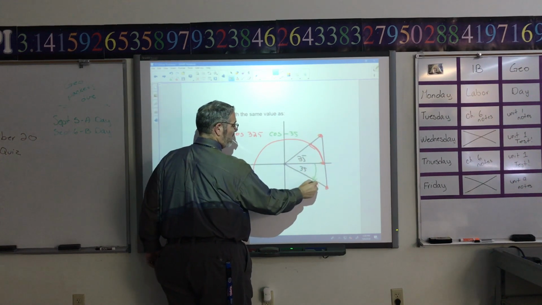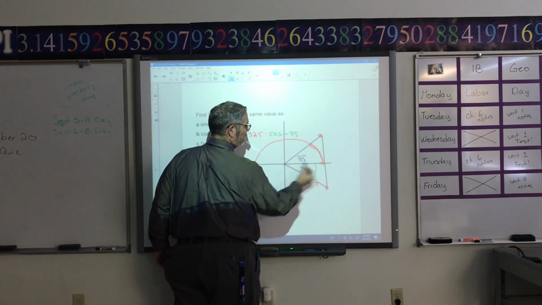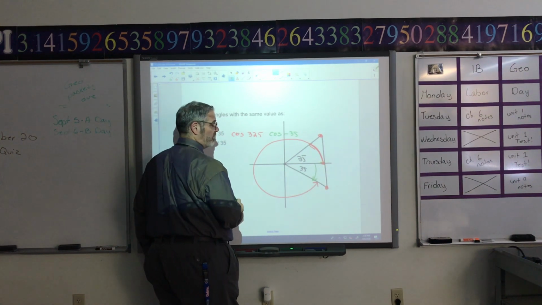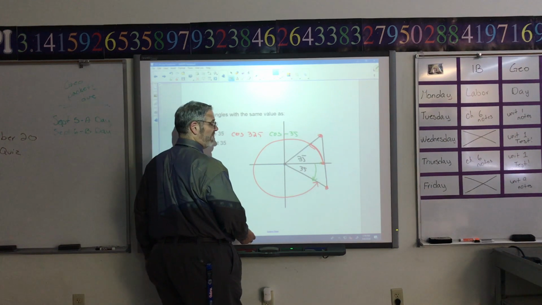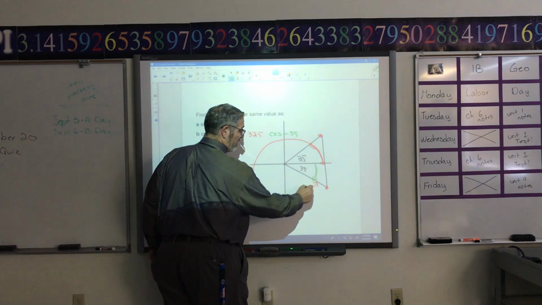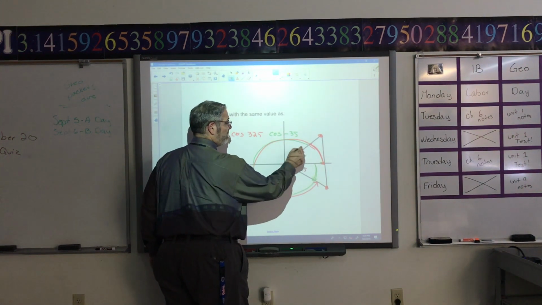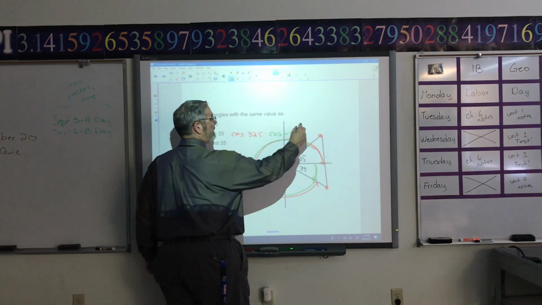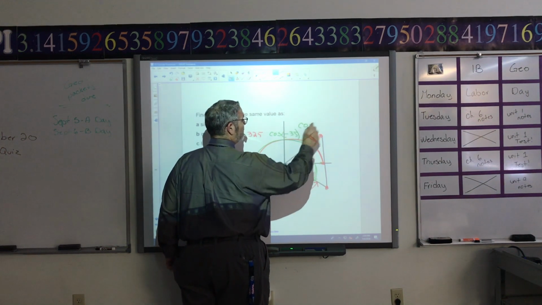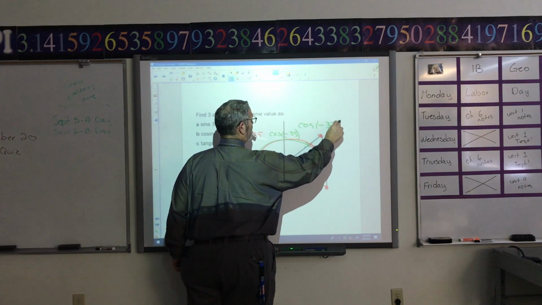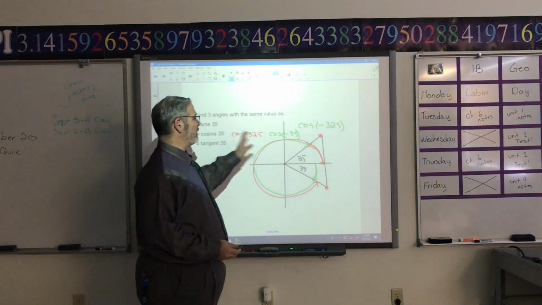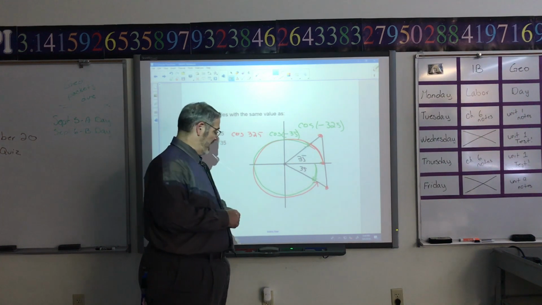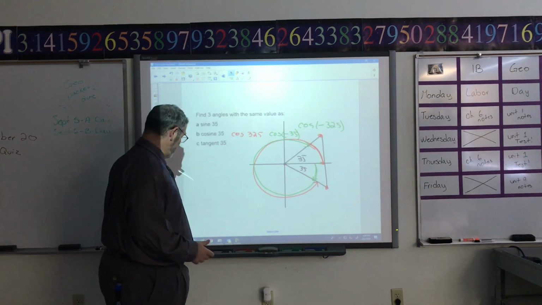Because if I start at 0 and I go to here, which is the same distance away from the origin, that's going to give me negative 35 degrees because I'm going clockwise in the negative direction. And similarly, if I go all the way around this way, I'm going to get the cosine of negative 325. The good thing I like about cosine is the angles will all be the same, just two positive and two negative.